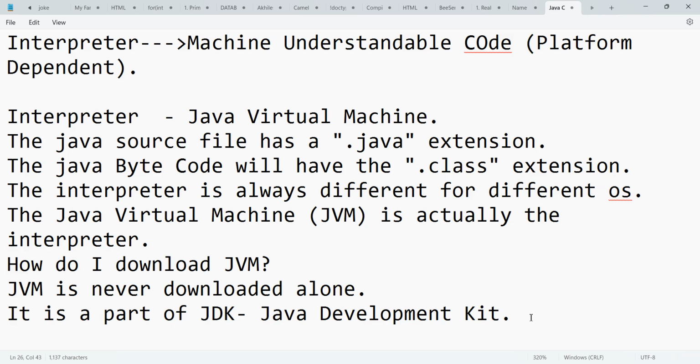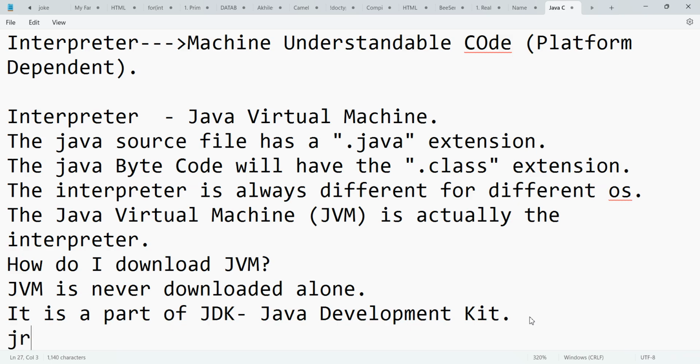Similarly, JDK is also a kit, the Java Development Kit, which has all the important programs and different things required for running a Java program.